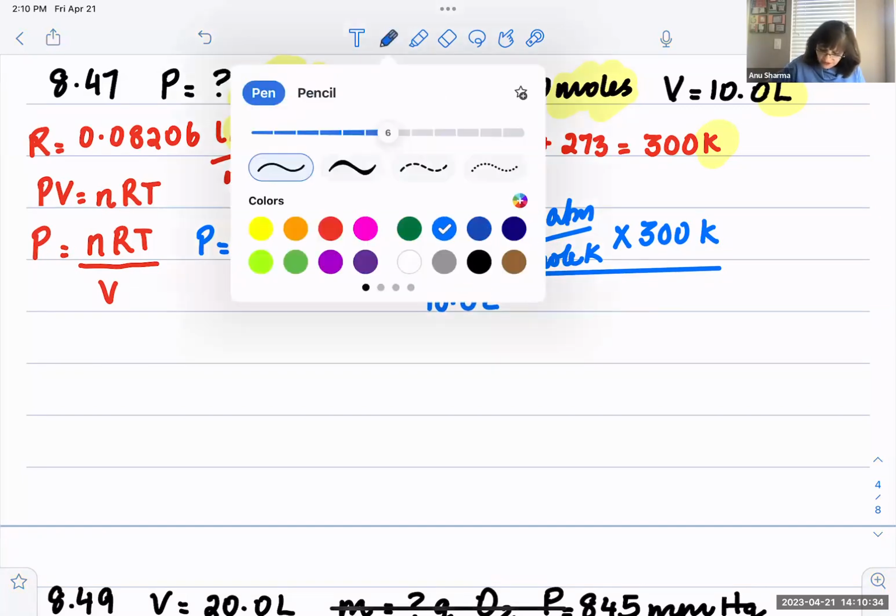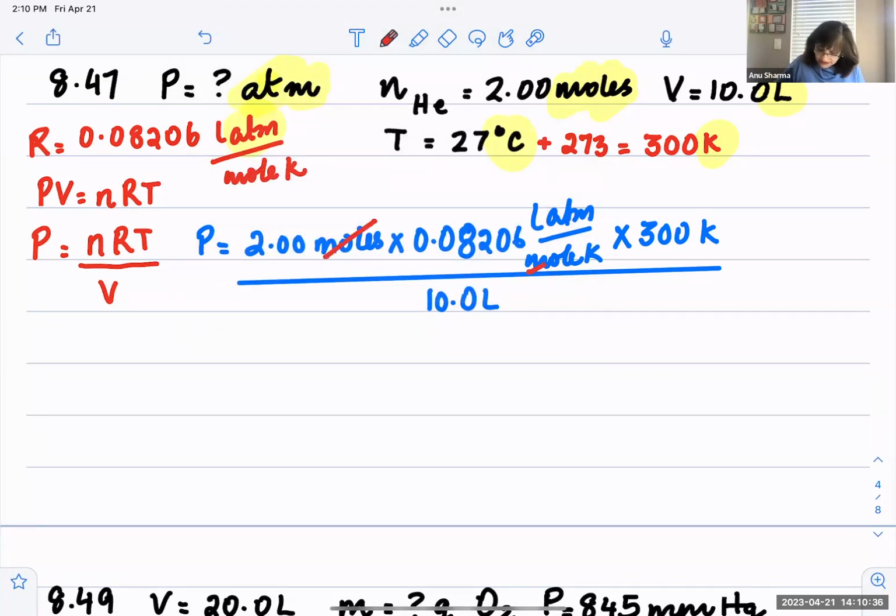Now look at these units. Moles and moles cancel out. K and K cancel out. Liters and liters cancel out. The only thing that is left is the ATM, and that's what you need to find for the pressure.